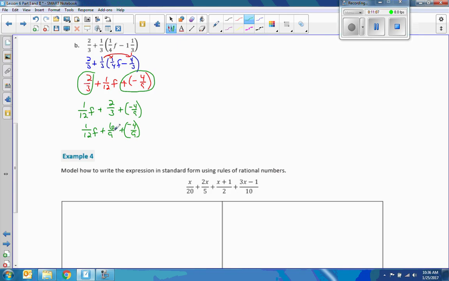So 2/3 is the same as 6 ninths. Okay, so now I'm going to bring this up here. I ran out of room. 1/12 f plus 6 ninths plus a negative 4 ninths. 6 minus 4 is 2 ninths. And that is my answer.